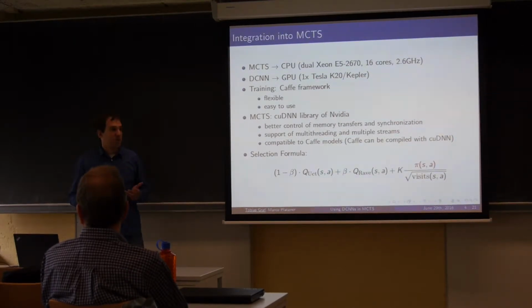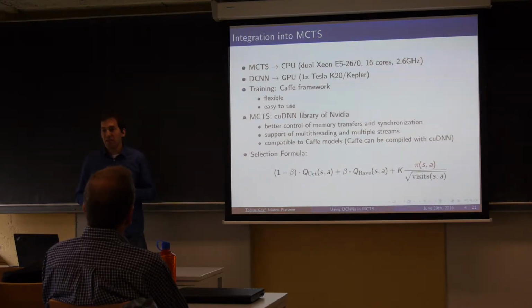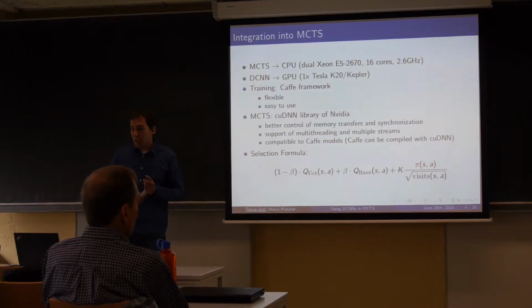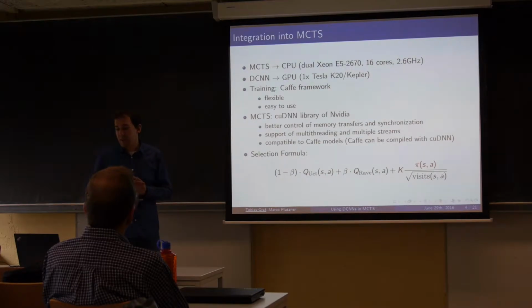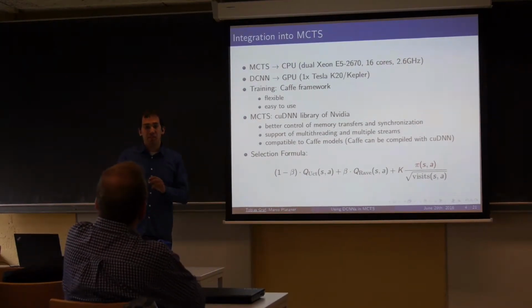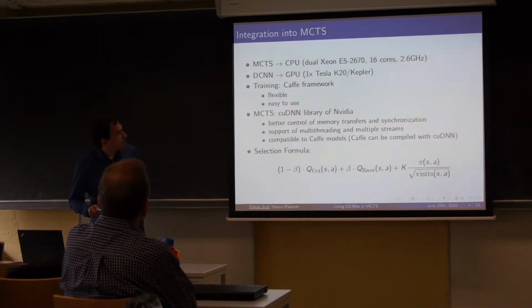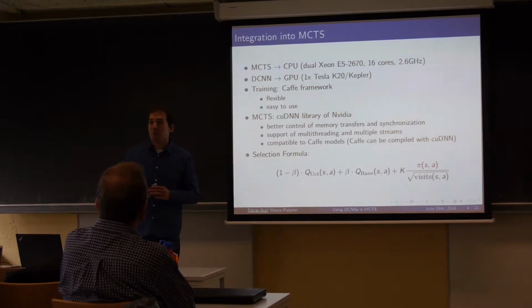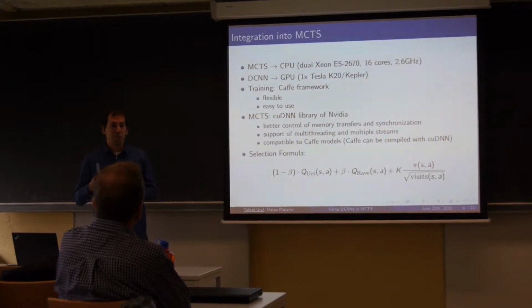It also supports multi-threading. We have a 16-core CPU, so we are running a multi-threaded Monte Carlo tree search. So it's essential that the library supports multi-threading, and it also supports multiple streams. Every thread in our implementation gets its own stream on the GPU. When some computation starts and another thread runs in a different stream, these executions can be run in parallel.